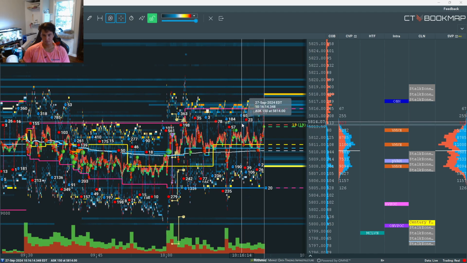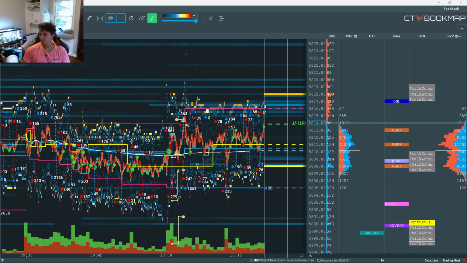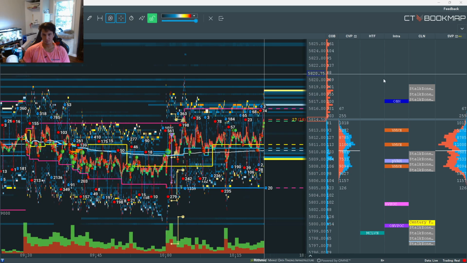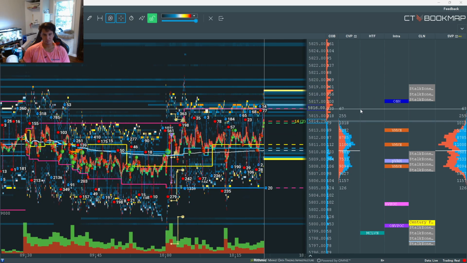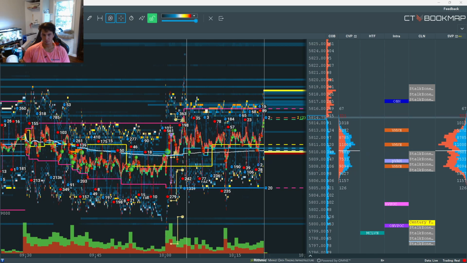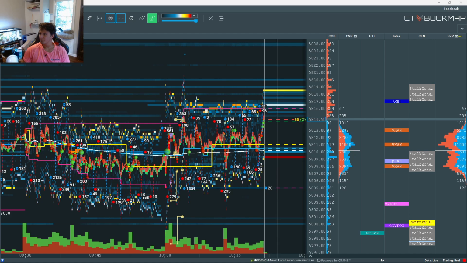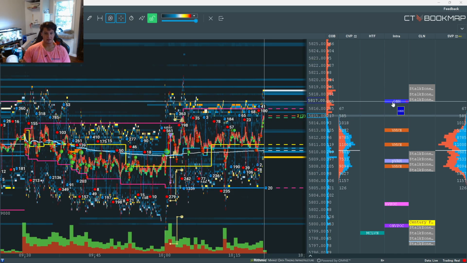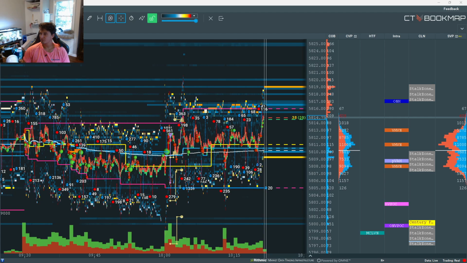Here's a buyer. Let's observe this. More buying. Stat above. Want to see that picked into the overnight high, and then I could potentially look for shorts.